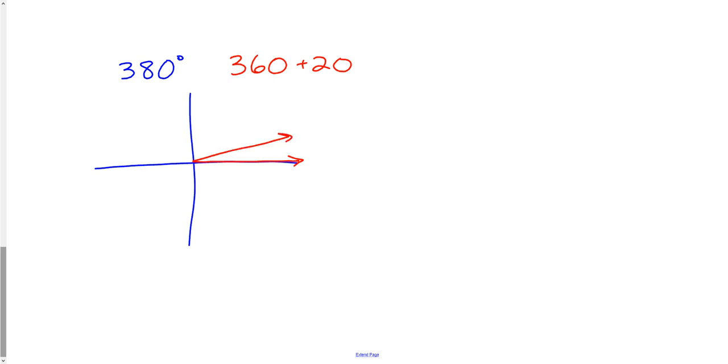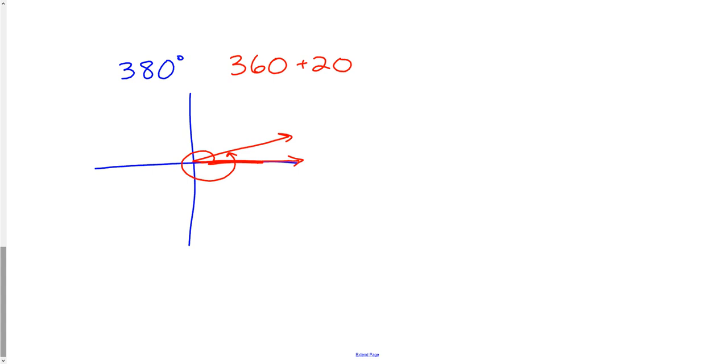Now, that looks like a 20-degree angle. So to show someone I did a full revolution, I start here and go all the way around and go past the initial side, and now that's 380 degrees. Anytime this little curl passes where you started, that tells people that you went past 360.